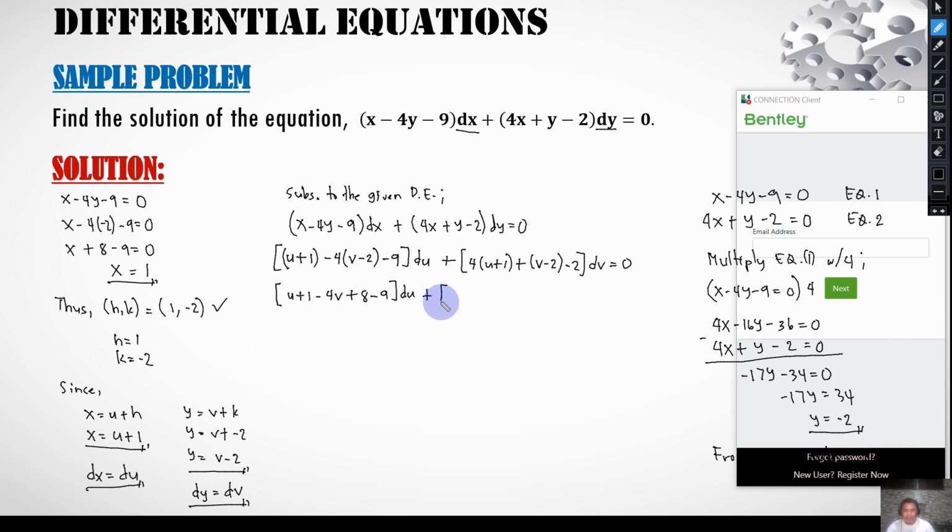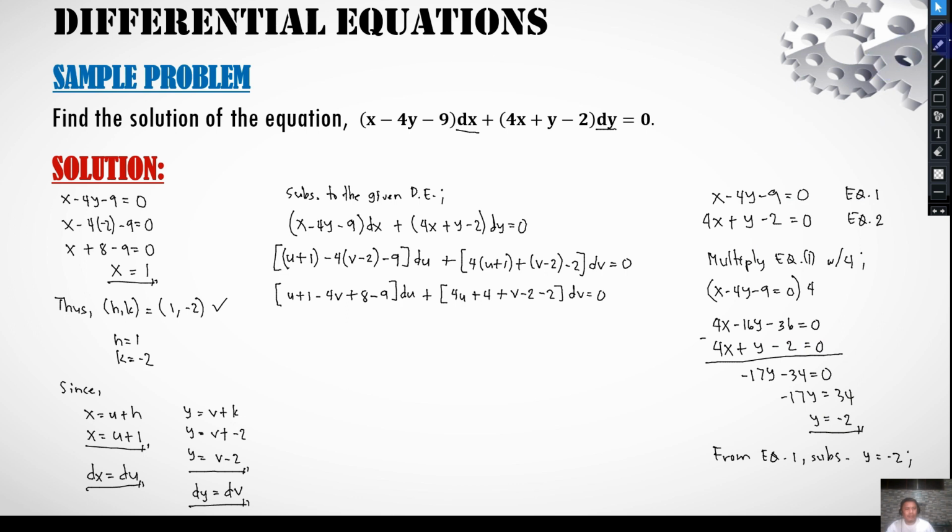So the other one is we have now this 4u plus 4, so distribute this one, and then we have now this plus v minus 2, and we also have this minus 2, and this is dv is equal now to 0. So i-minimize muna natin to.